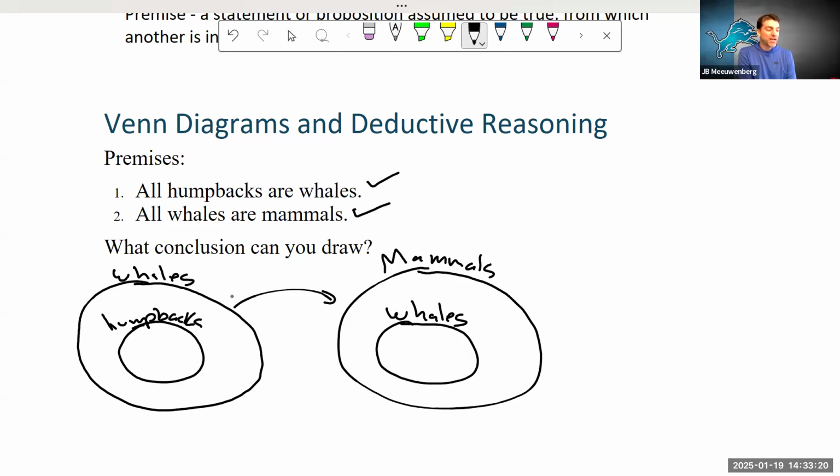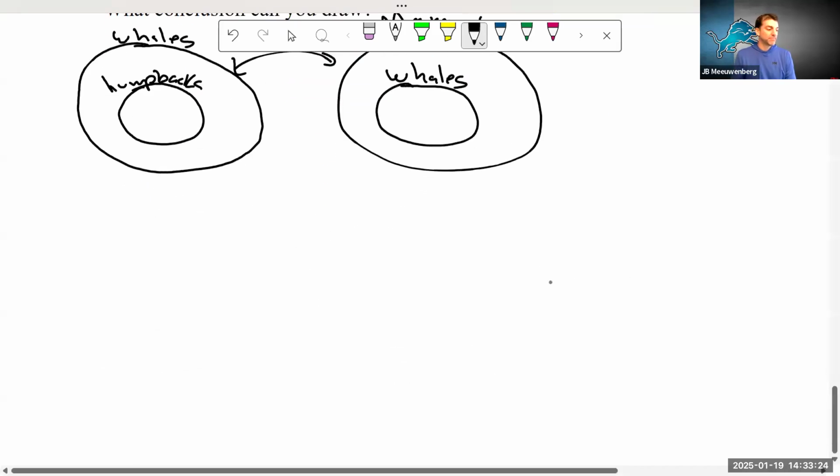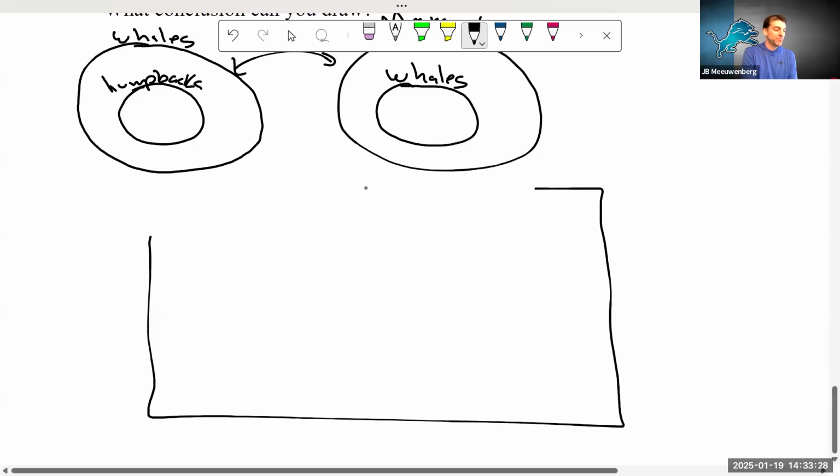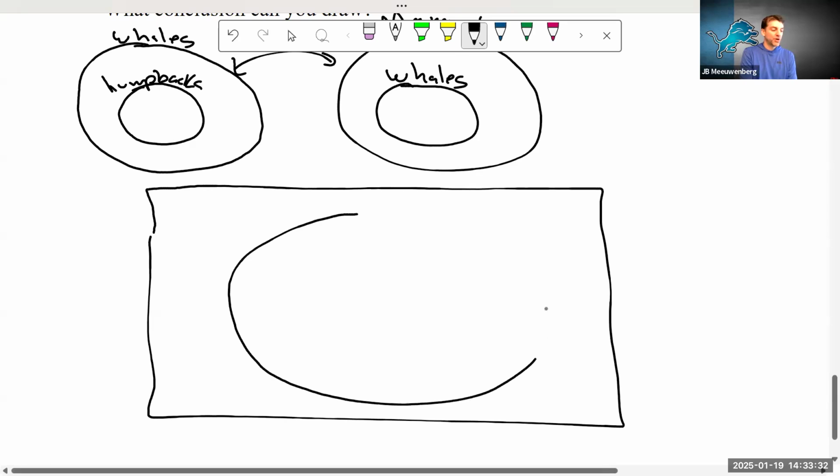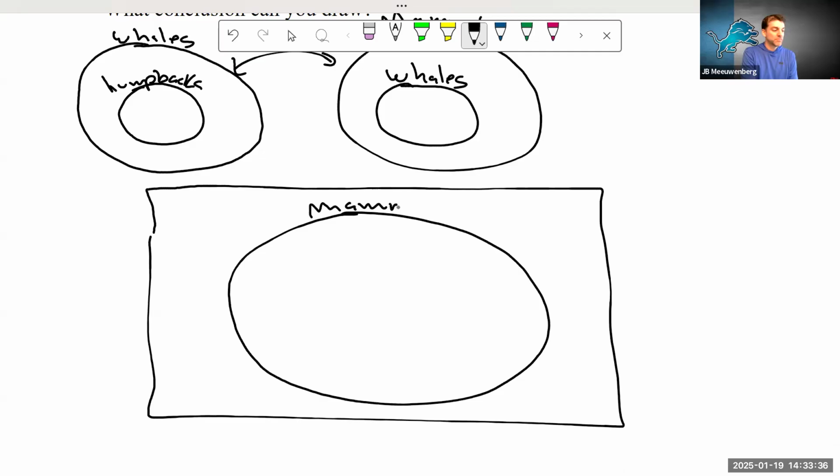If we now combine these two things, what you're going to see is, if I put my rectangle out here, we'll start with mammals. Inside mammals are all of our whales.